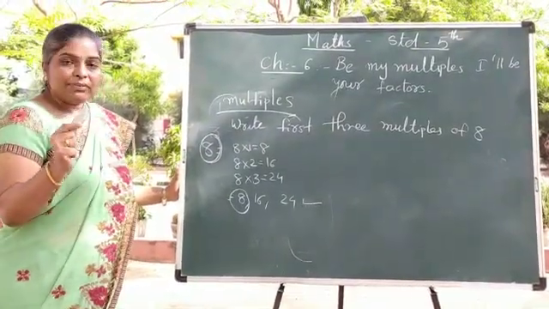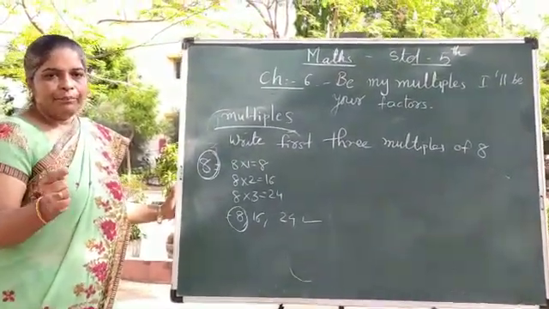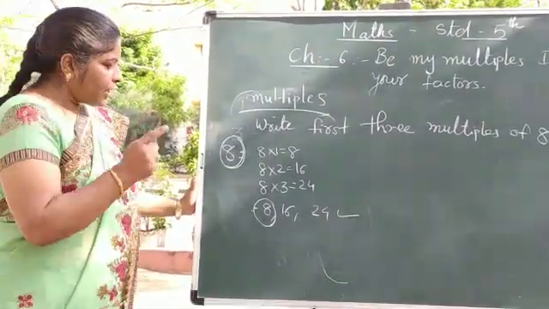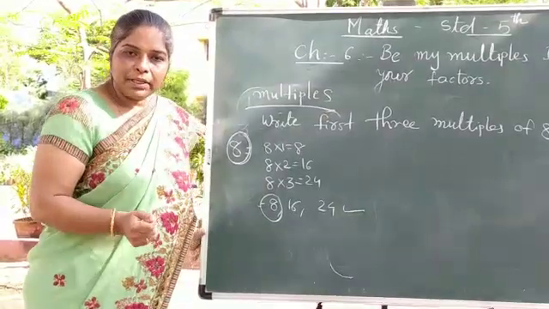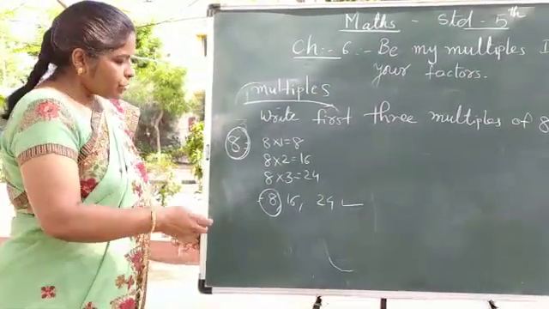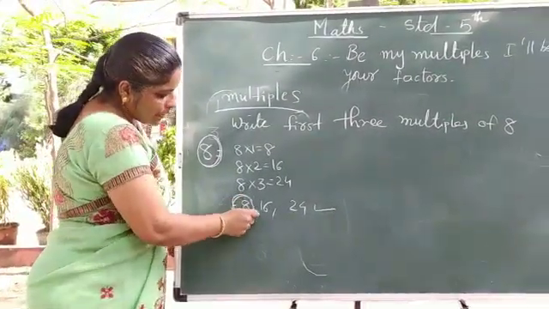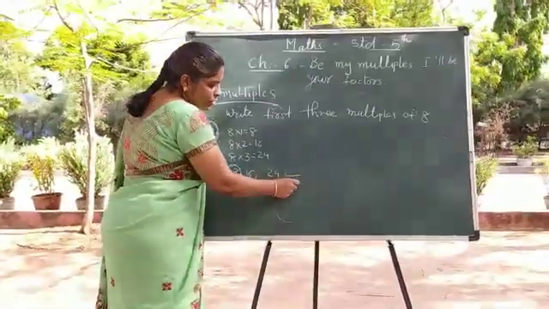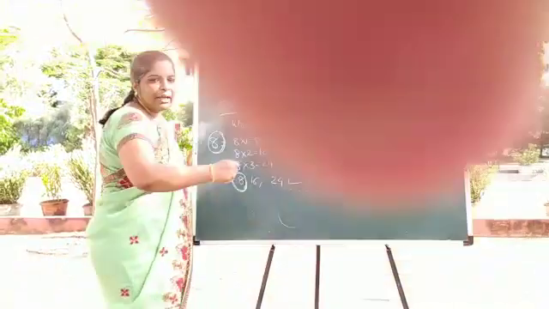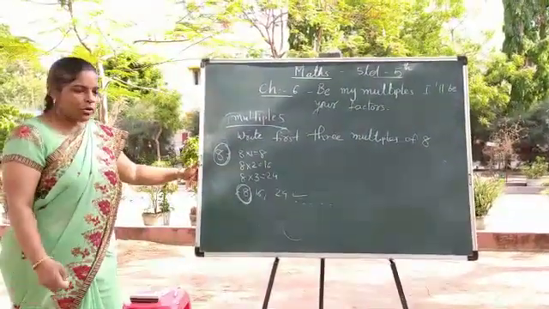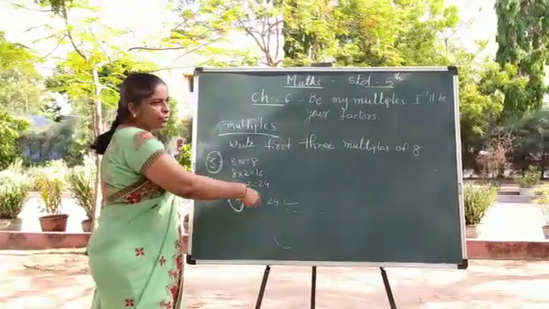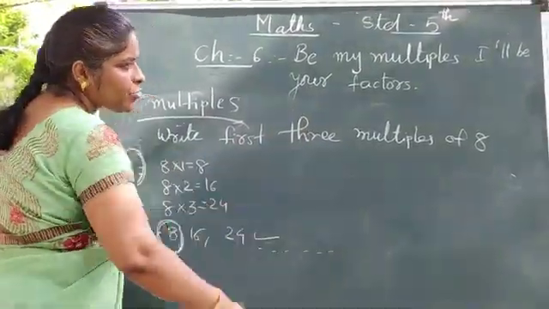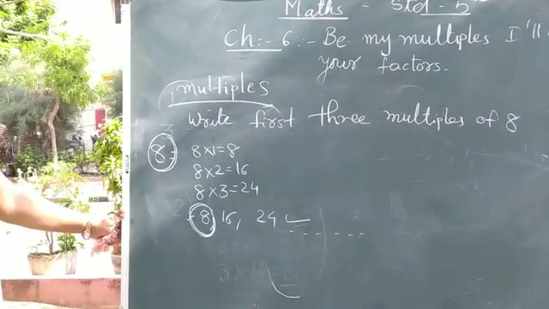So the smallest factor for all numbers is 1, the greatest factor for all numbers is the number itself, and in multiples, the smallest multiple is the number itself. So the smallest multiple of 8 is 8 itself. The greatest you will not have because it will go on to many digits. As you go on multiplying the same number, you will get bigger and bigger answers, and there is no greatest multiple of any number.